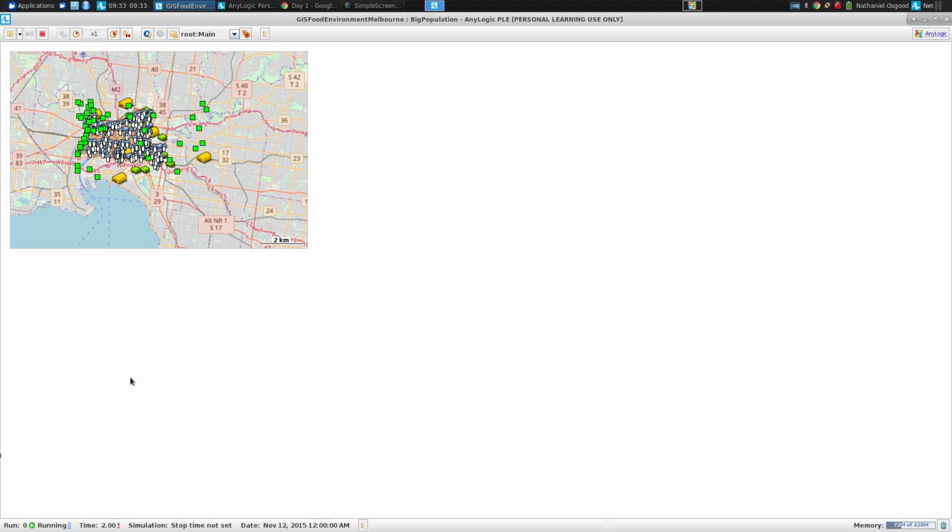Now, you'll notice that down at the bottom, there's an indication of time, and time is in fact going on. It's continuing apace. And next to running is a little indicator that looks like a bit of movement, and that's to indicate that AnyLogic is communicating with a server.